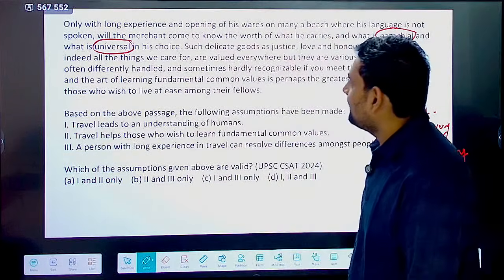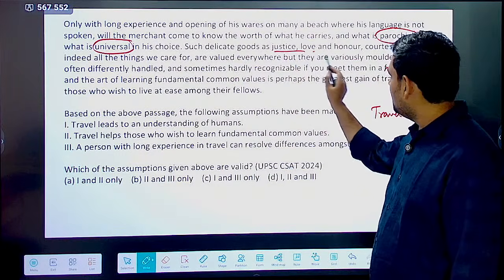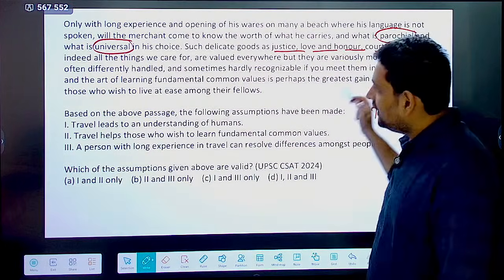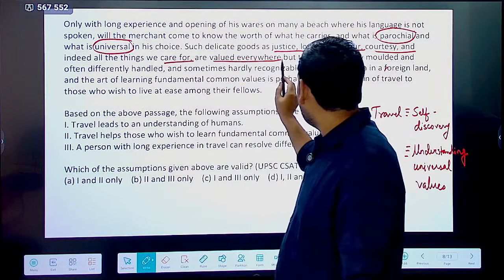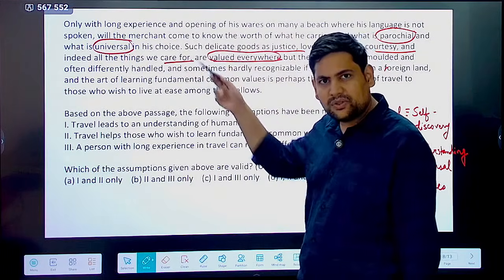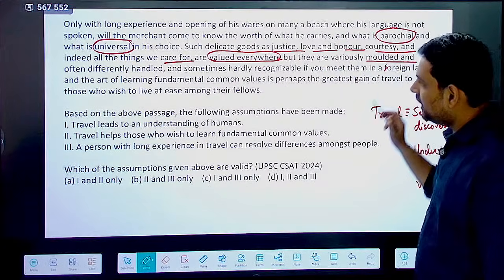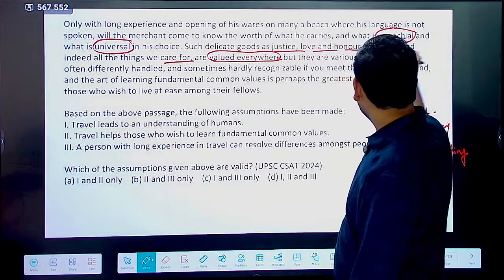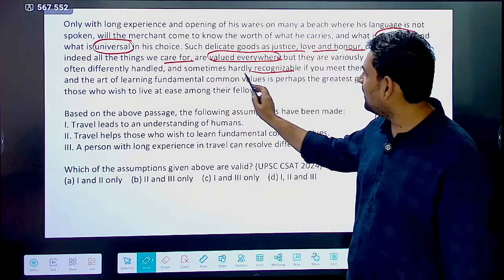Now, such delicate goods such as justice, love and honor, courtesy, and indeed all things we care for are valued everywhere. But they are variously molded and often differently handled and sometimes hardly recognizable.